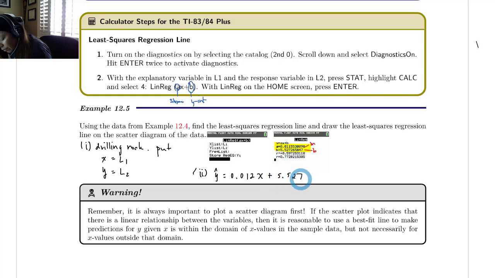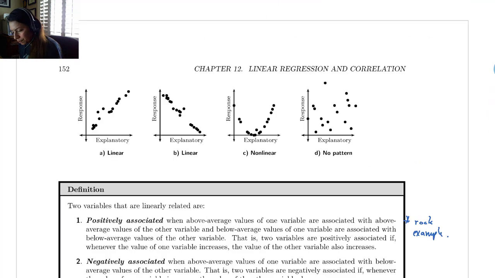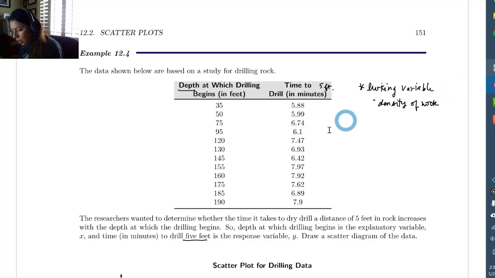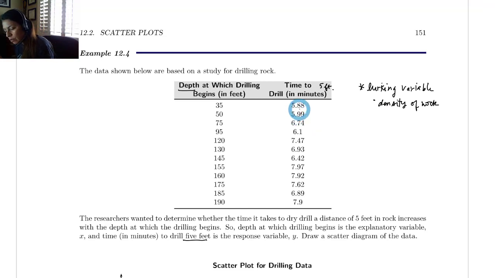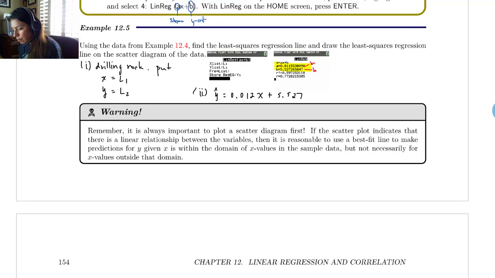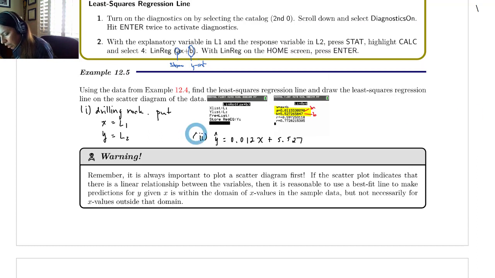And the reason why I'm rounding to 3 decimal places was because if I go back up to example 12.4, notice the number of decimals I had was 2 past the decimal, so therefore any rounding I do, it should be to 3 decimals. Okay, and so this is the line. Let me go ahead and box that.